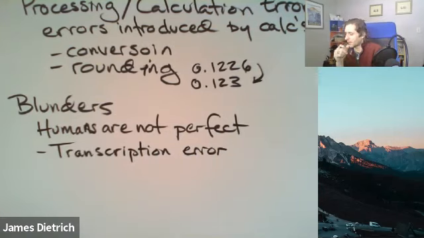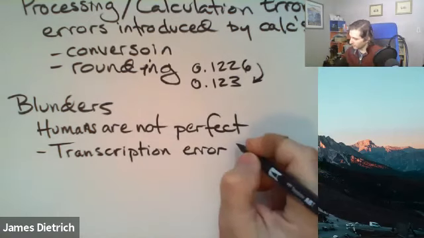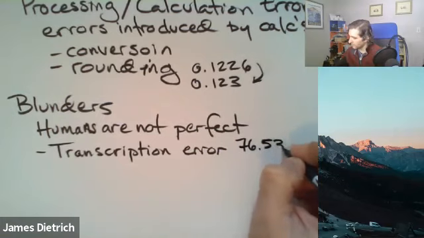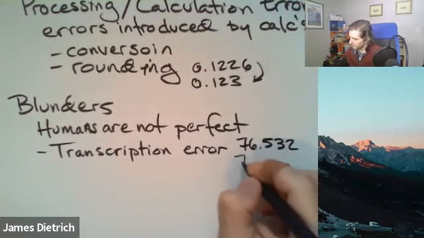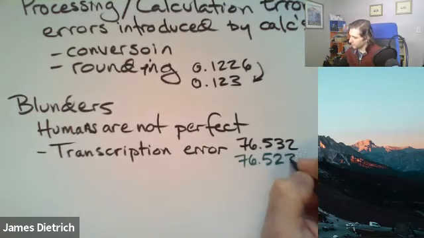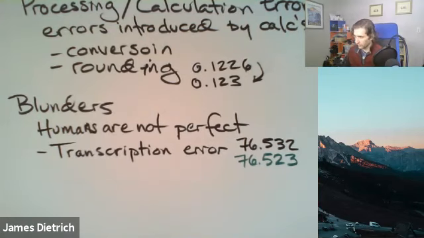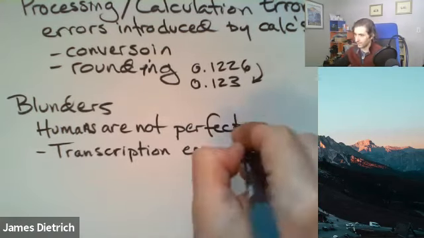These are things like if I'm reading off measurements off of my GPS or my total station, and somebody else is actually physically recording them in a field notebook, I might say the distance was 76.532, but then you write something like 76.523, which is a fairly common thing that can happen.